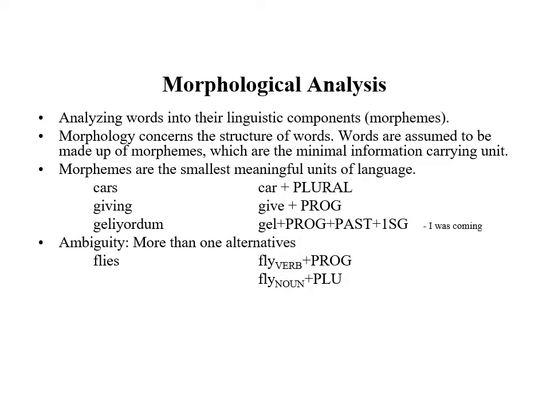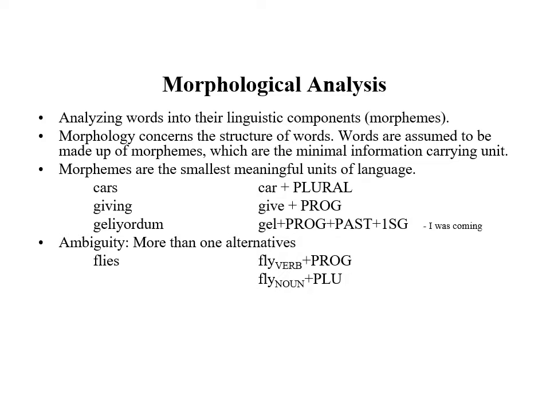Cars contains two parts, car plus plural. Cars is the plural of car, so this is the normal form and this is the morphological form, car plus plural. Giving, with the affix ing here, contains two things, give plus progressive.